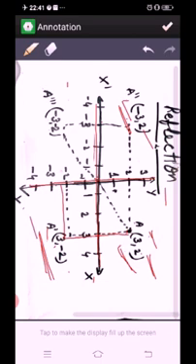Now reflecting this coordinate A in origin, the point where the x-axis and y-axis intersect, that point is called origin. So here this will be reflected in this way, via origin.